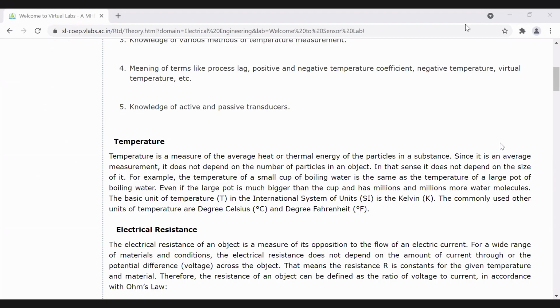What is R naught? R naught is the resistance at a reference temperature, sir, 0 degrees Celsius. Okay, what is T? Temperature, sir. Temperature at that moment. Yes, sir. Okay, 18.